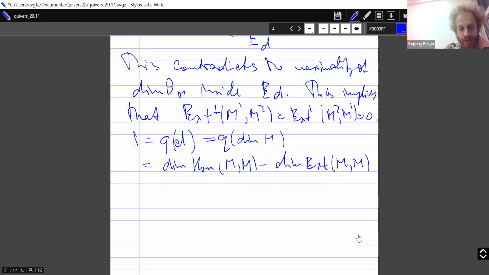Okay, so let's write this explicitly. So this is the dimension of Hom(M1, M1) plus the dimension of Hom(M2, M2).